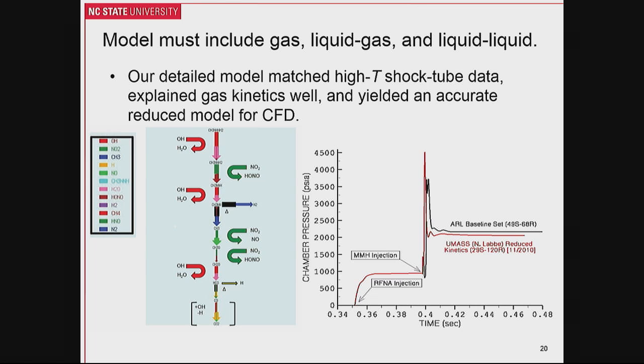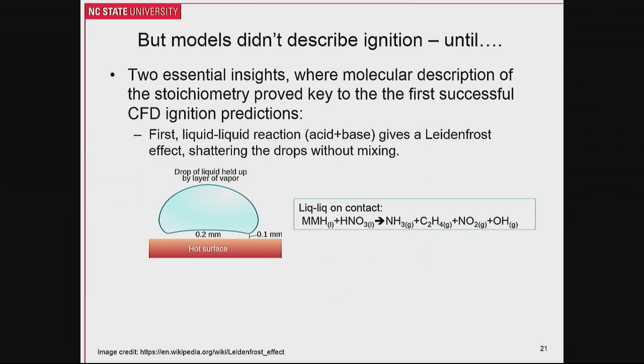It turns out the models didn't describe the ignition itself, just what happens after it's ignited. So there were two essential insights that came out. Based on the experiments, such as what you just saw, we could infer that we have a Leidenfrost effect.